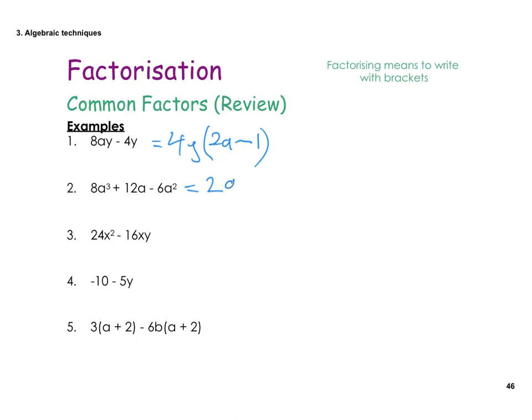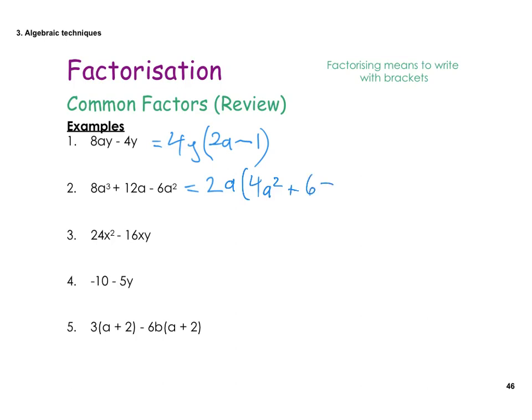So 2a, open a bracket. Now how do you get from 2a to 8a cubed? We'll times that by 4a squared, plus 2a times what gives me 12a? Well, we already have the a, so all we need is just the 6.